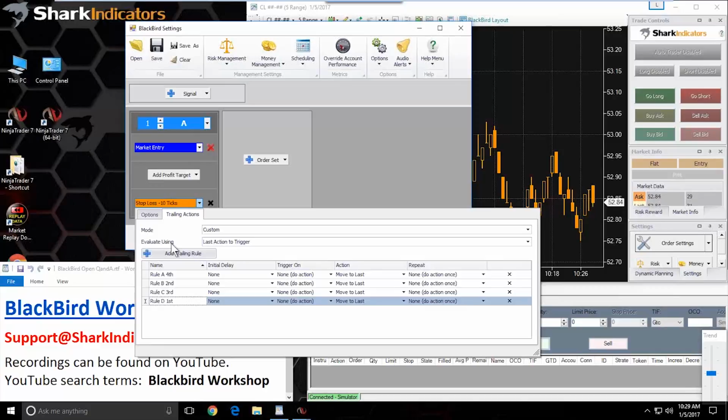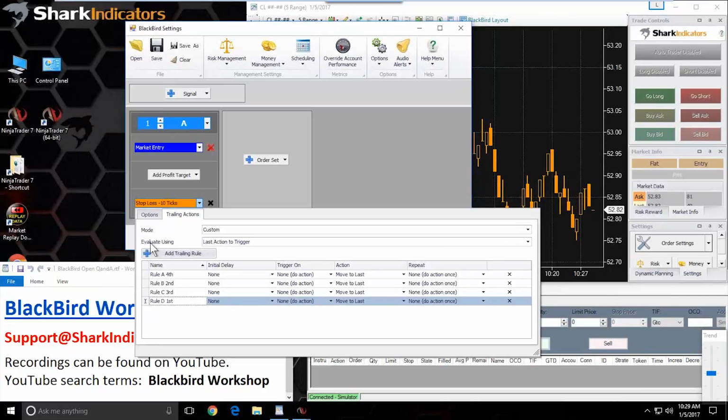And in fact, I think I put a backlog order to change the wording on this to say "execute using" instead of "evaluate using." I think "execute using" would be a better word to use, because of course all your rules are always being evaluated, but the evaluate using is really determining which one of the rules gets executed, right?